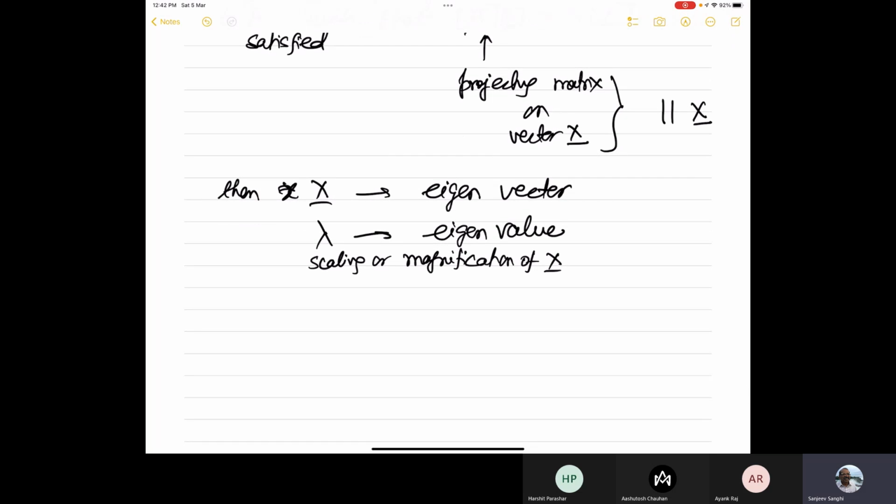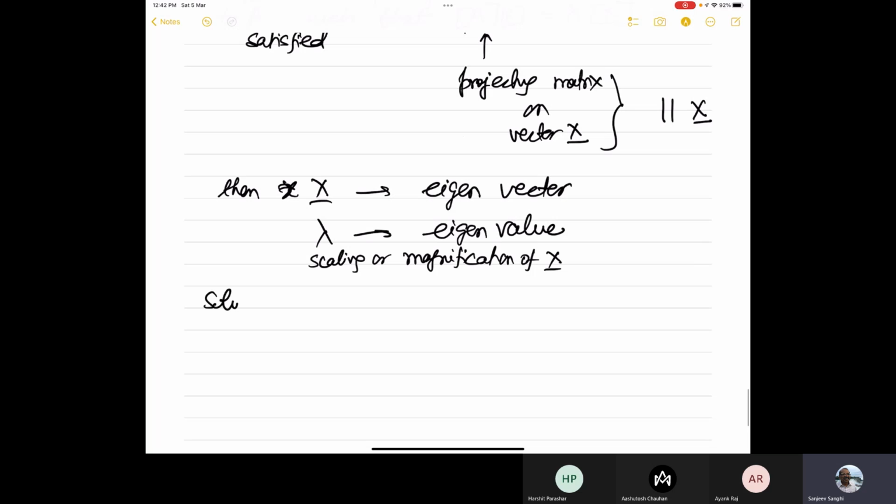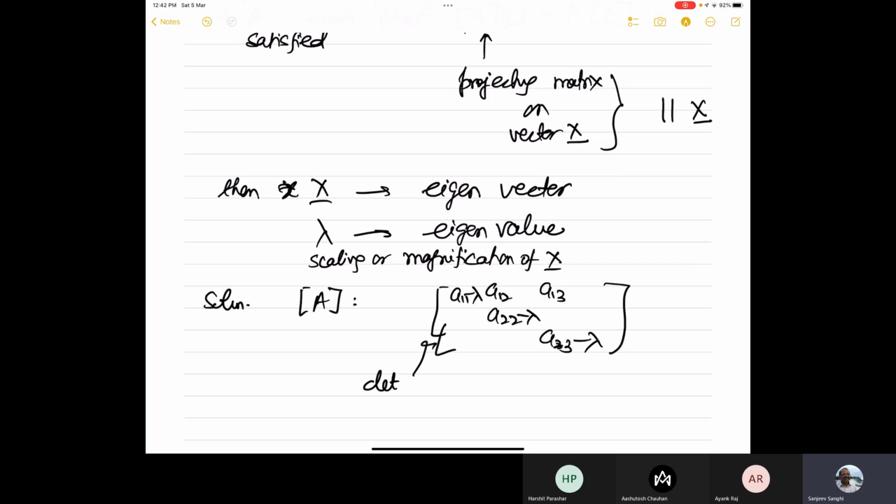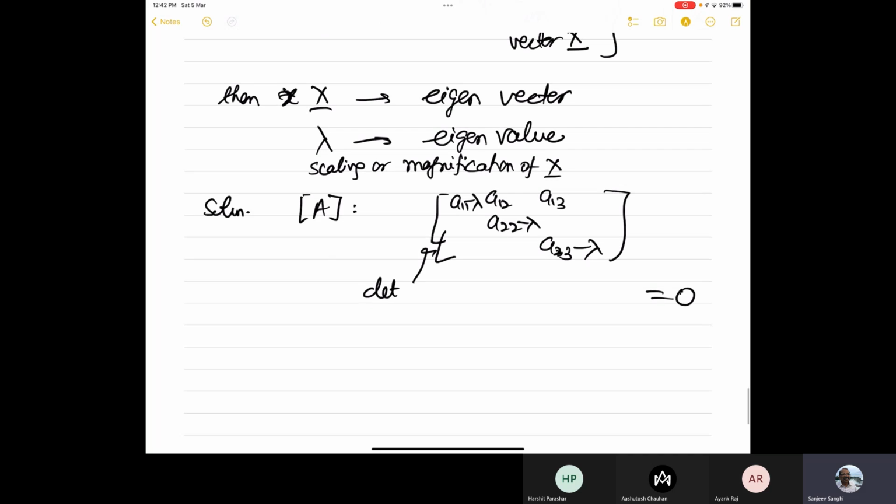Now, when you look at this, solution of eigenvalues, you have matrix A, so if it is A11, A22, A33, A12, A13, etc., you write minus lambda, minus lambda, minus lambda in the diagonal terms, and you put the determinant of this equal to 0.